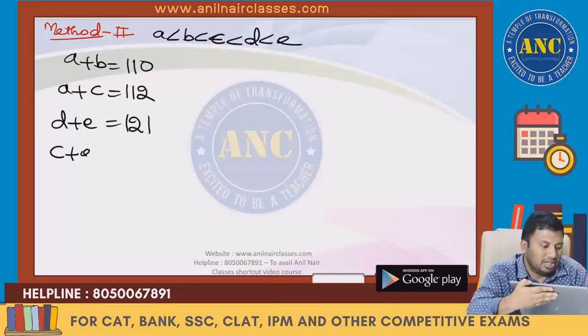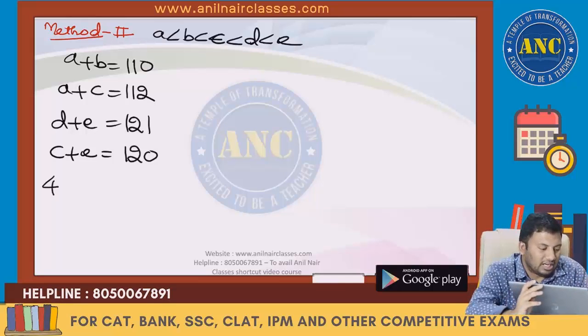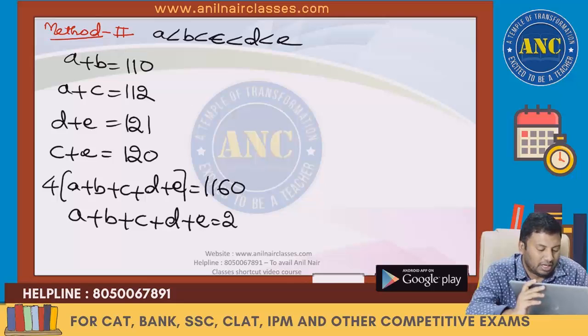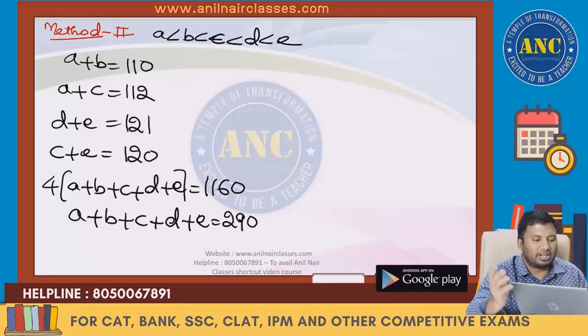C plus E is 120. Right? What is the another equation we got? 4 into A plus B plus C plus D plus E. We got it as 1160. So, A plus B plus C plus D plus E is 290. From this, we will get all the values.